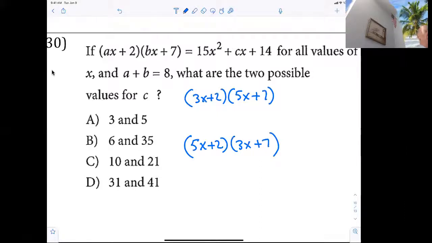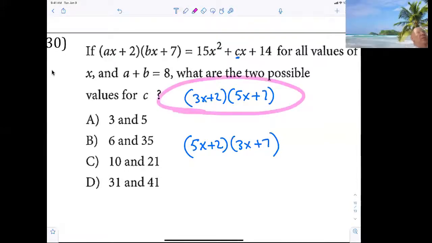Now, I'm trying to find C. So I want someone who's been with me to tell me what C is for the top one. Hey, come on. Don't say I have no idea. Someone tell me. Good for you. How did you get 14? Oh, I know why. Now look, you were thinking about yesterday. They trick you.